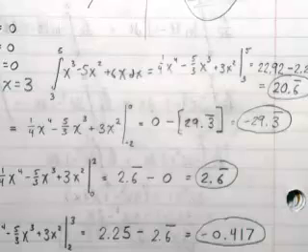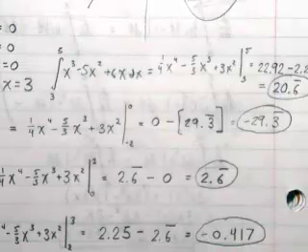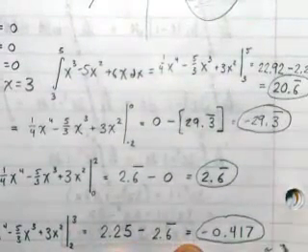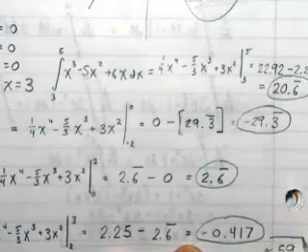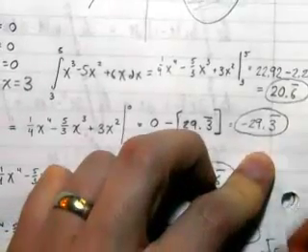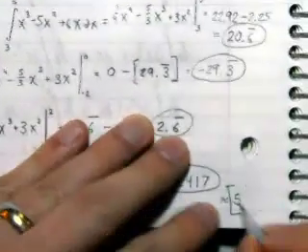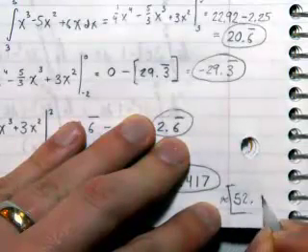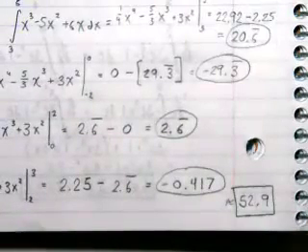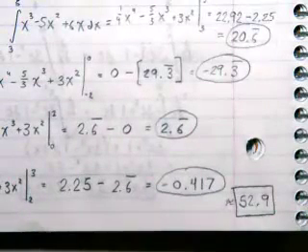We can round off a little bit too, it's fine. So I'm getting about 59 for my total area. Oh, I'm sorry, 52.9. My bad. Okay, so that, again, is the total area, not the signed area.